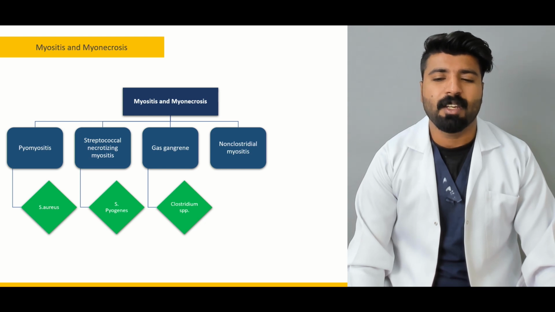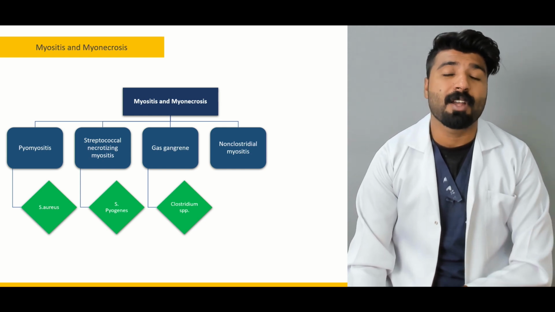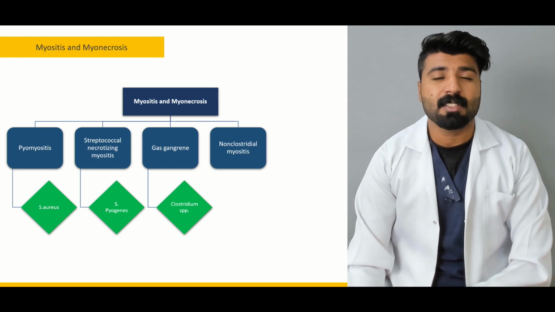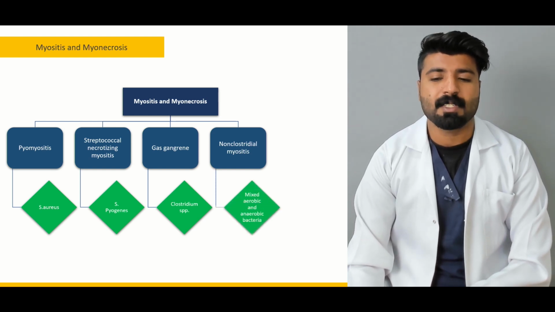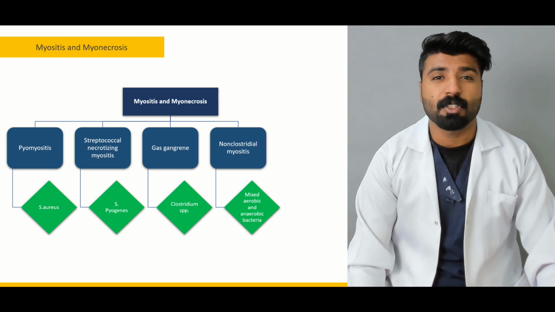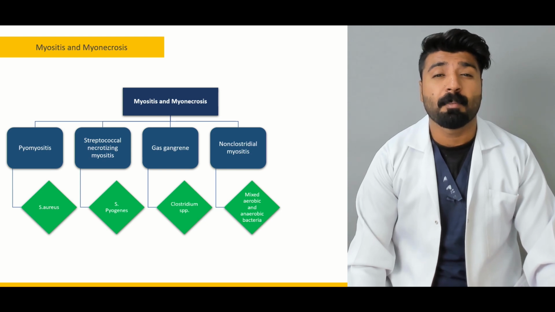Next on we have non-clostridial myositis. Now, this is the type in which Clostridium is not involved. Basically, Clostridium is involved in other myositis, so that's why it's called non-clostridial myositis. In this, mixed aerobic and anaerobic organisms come in and they lead to the formation of myositis. They lead to muscle inflammation and this pathology.